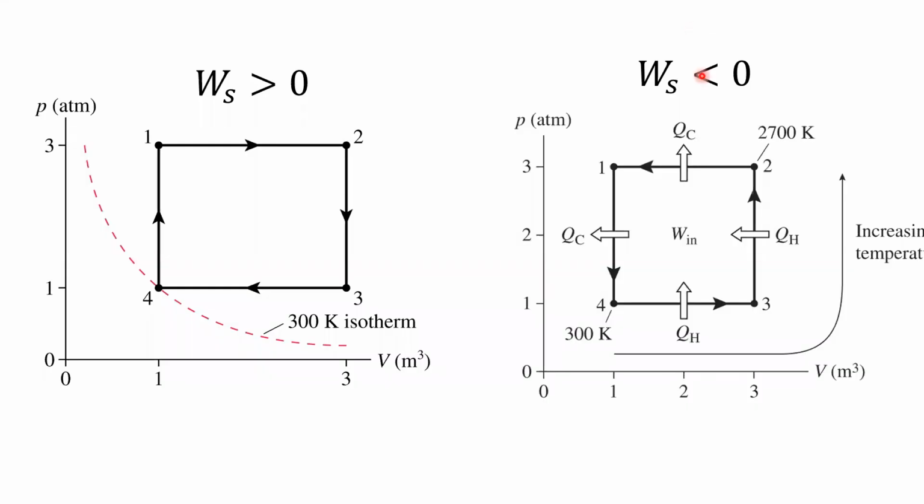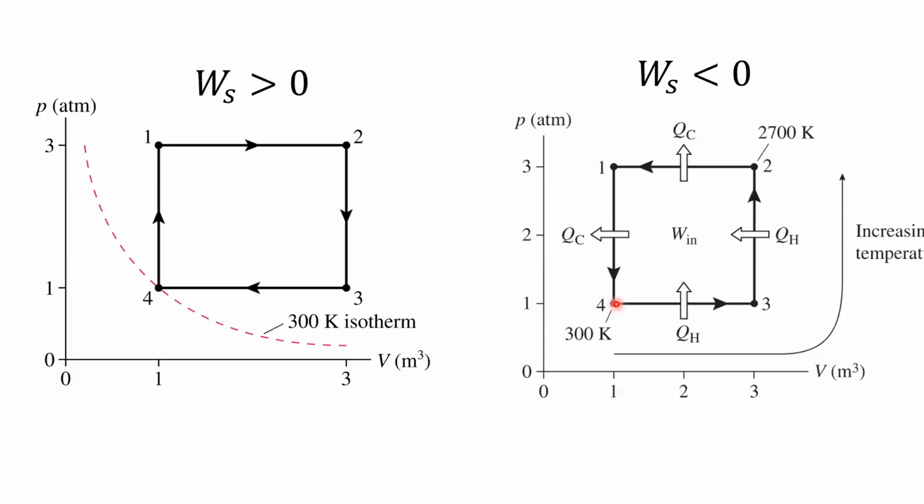And actually, before I switch over to Excel, take a long look at the diagram here. You have to ignore some of the information because we're not supposed to know it. This 2700 was not given, and the directions of the arrows were not given. All we really know from the statement of the problem is where the vertices are located on the PV diagram and the fact that this bottom left corner, state 4, is on the 300 Kelvin isotherm.